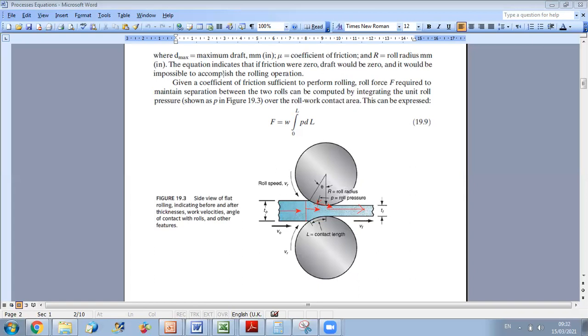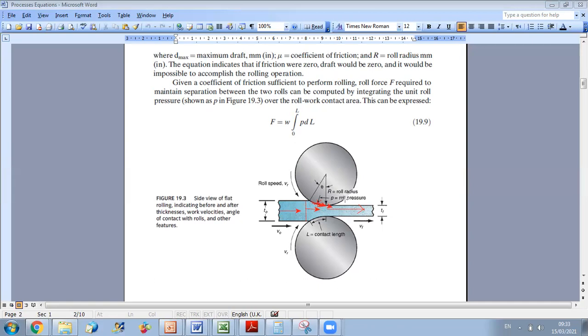This means that, for example, when I was here at a certain point, the friction force of the roller on my work part was in this way, because the friction is opposite to the relative velocity. Here, since the velocity of this roller was higher, this roller will push the work part in this direction.